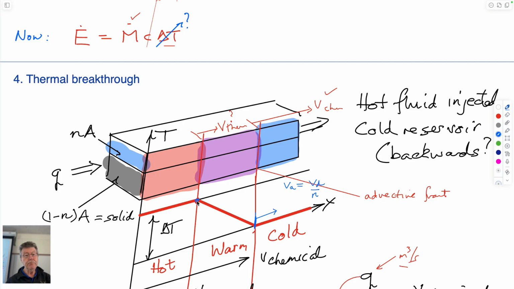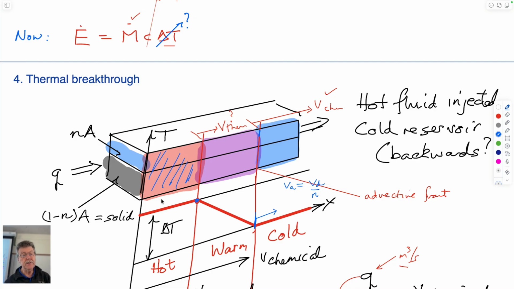And this second inflection point represents the case where the influent fluid that's come in up to that period of time, which has reached this location here, all of the thermal energy that's been transferred to that fluid has been recovered from this orange portion of the reservoir.